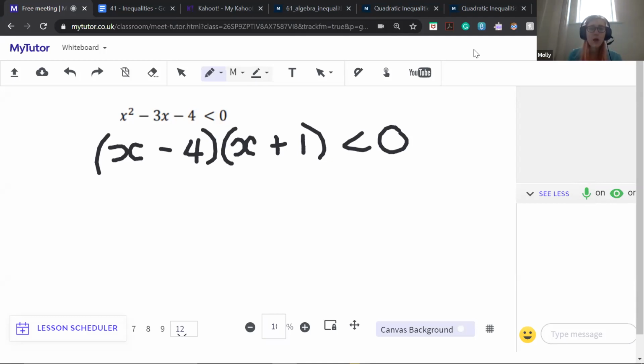Okay, so now what we do is we're going to find what are called the critical points, the critical values. And this is where we imagine for a second that this was equal to 0 and think, well, okay, what would the solutions be? So does anybody know if this was equal to 0, what would the solutions be for x?